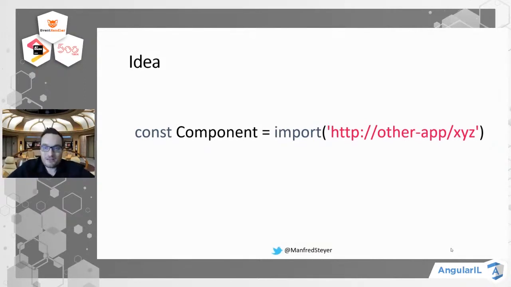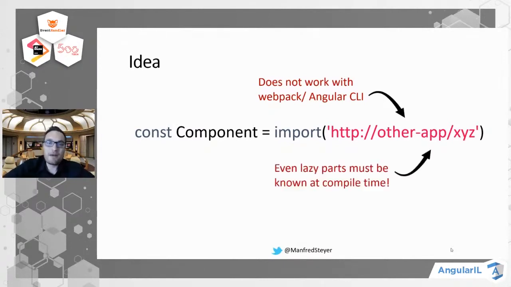But the thing is, Webpack and so the CLI does not allow for this. Because Webpack assumes that everything is known at compile time. Everything needs to be there at compile time. Everything is compiled together. Everything is optimized. And then Webpack is doing chunking.